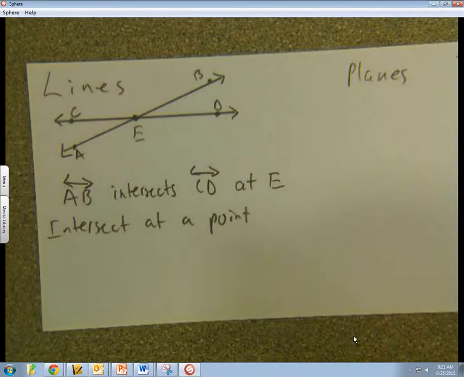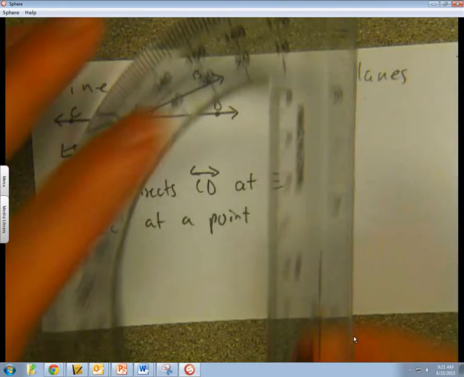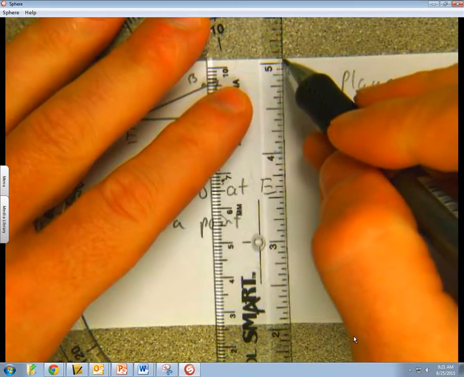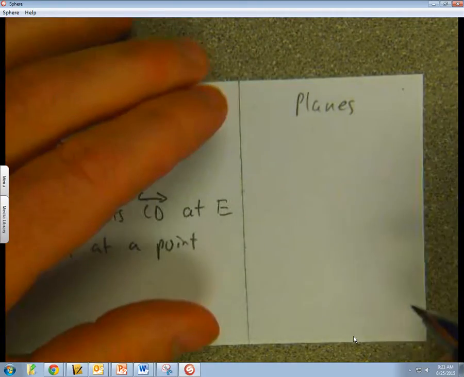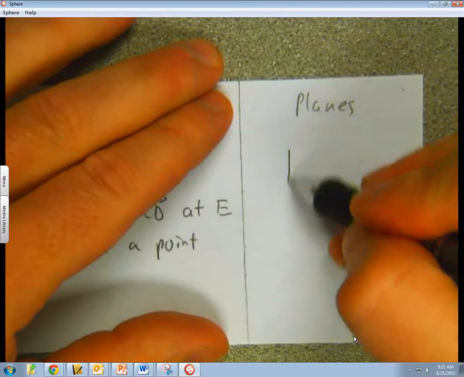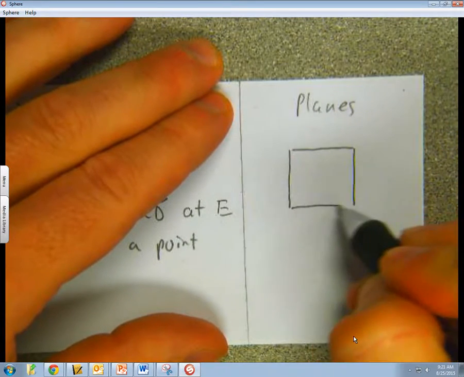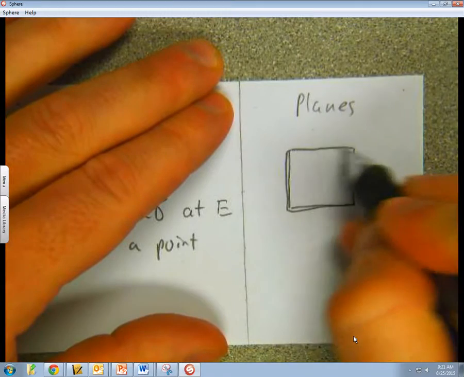Let's split this off and get some intersecting planes. Okay, so I'm going to draw another cube or rectangular prism.